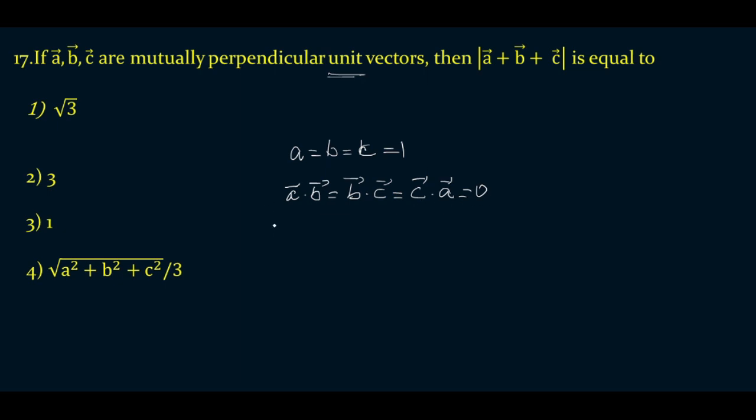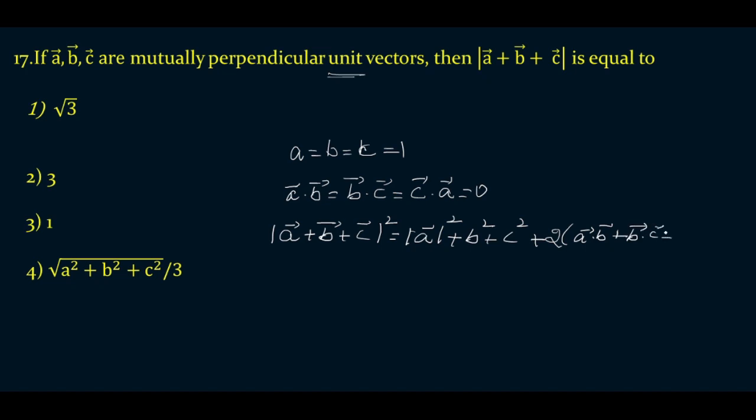And also you know the algebra of vectors: if we take the whole square of vector A plus vector B plus vector C, its value is vector A plus B plus vector C dot vector A plus vector B plus vector C. If we simplify, we know magnitude of vector A whole square, it means A square, plus B square plus C square, plus 2 times, similar to the algebraic results, vector A dot vector B plus vector B dot vector C plus vector C dot vector A.